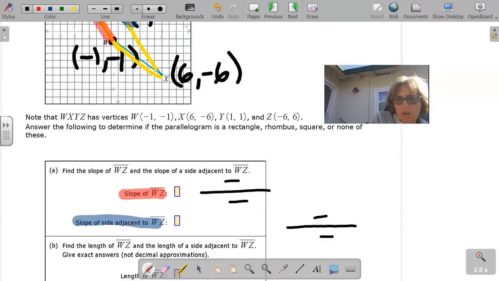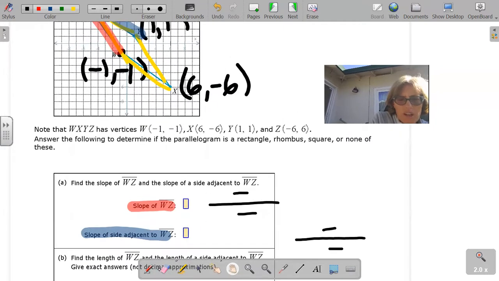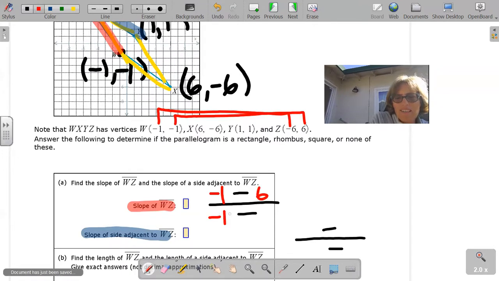So W to Z, my y's on top, -1 and 6. X is down below. -1, -6.